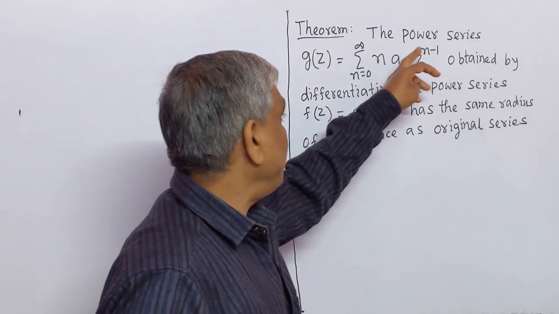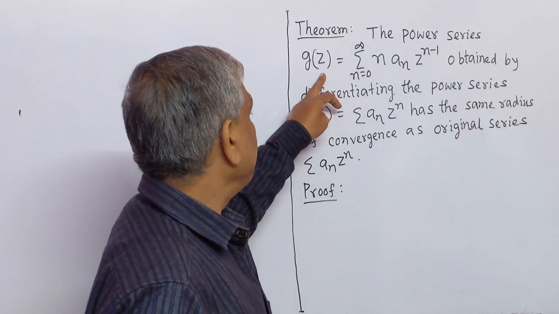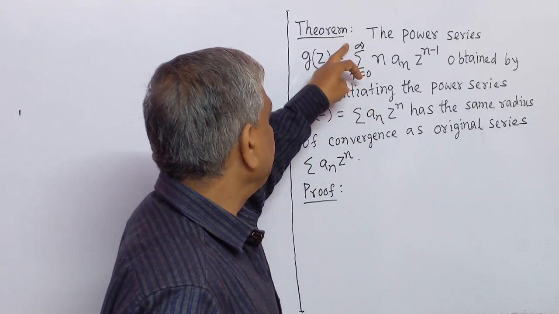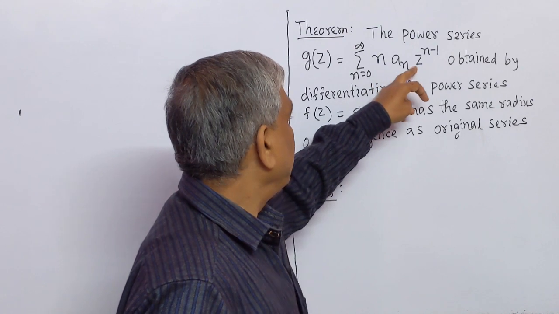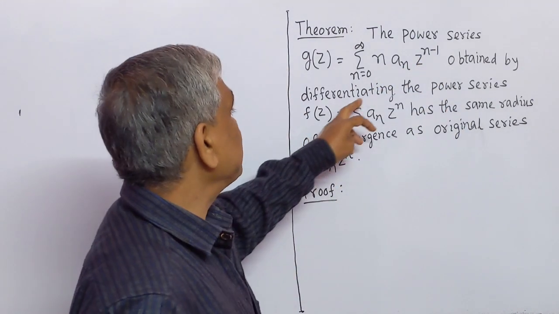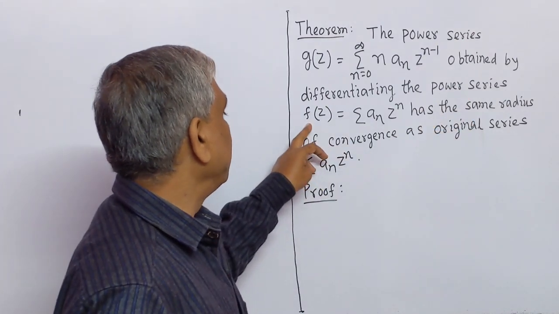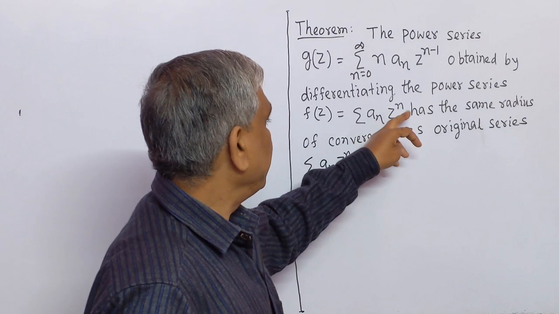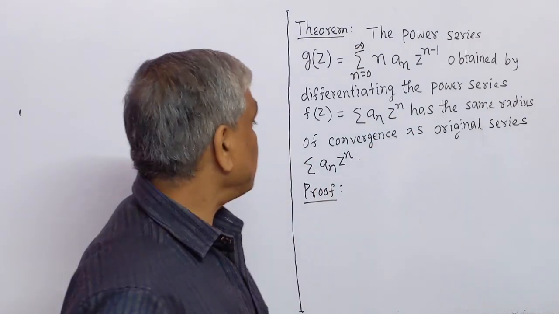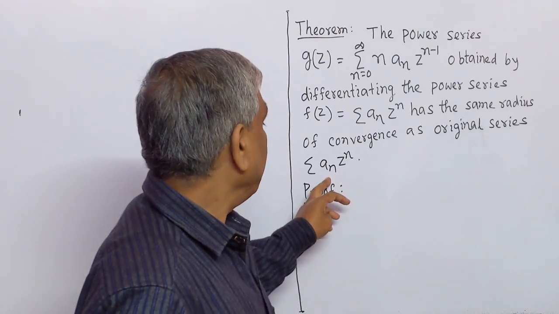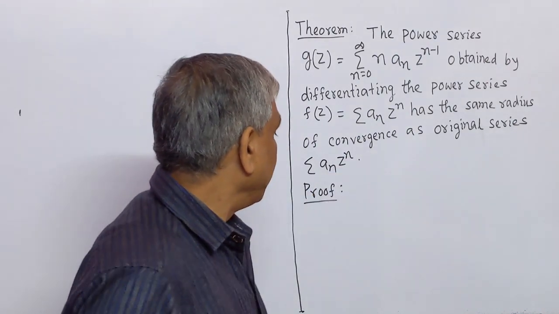The theorem is: the power series g(z) = sigma n=0 to infinity n a_n z^(n-1), obtained by differentiating the power series f(z) = sigma a_n z^n, has the same radius of convergence as the original series sigma a_n z^n.